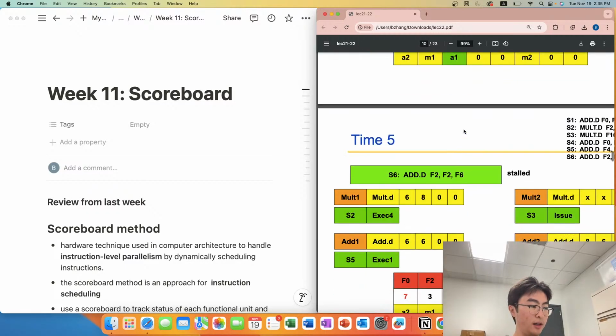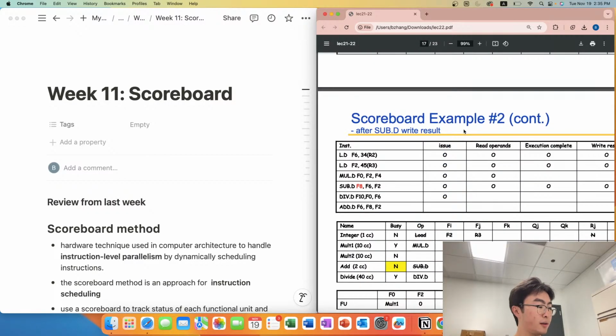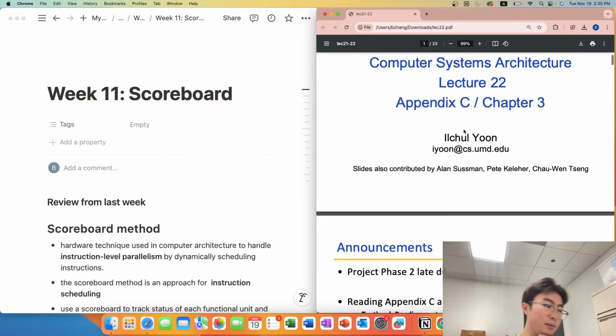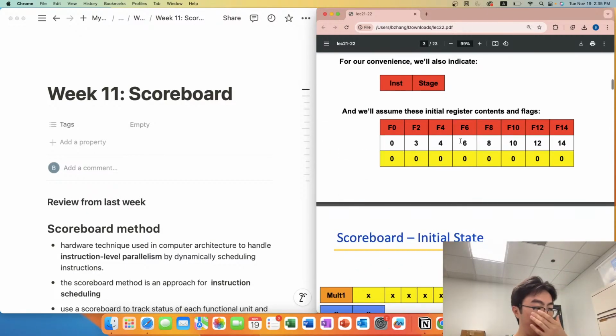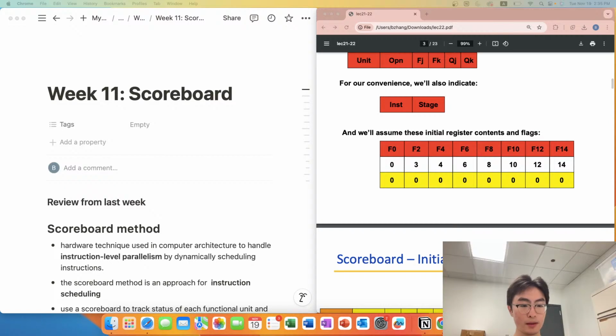I think this slide example goes over, okay, so this is an example of the scoreboarding method. I think before we go through this, I do want to pull up another slideshow. Okay, let's see.